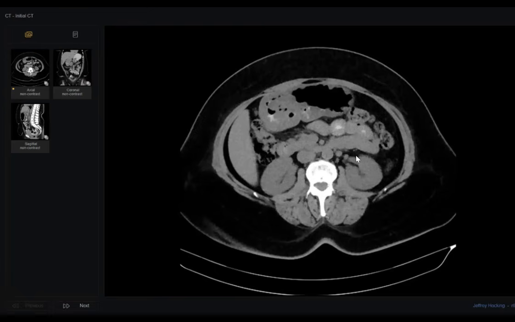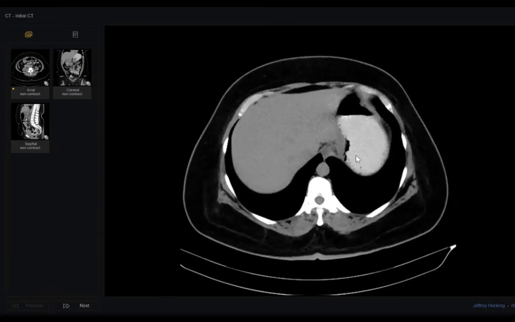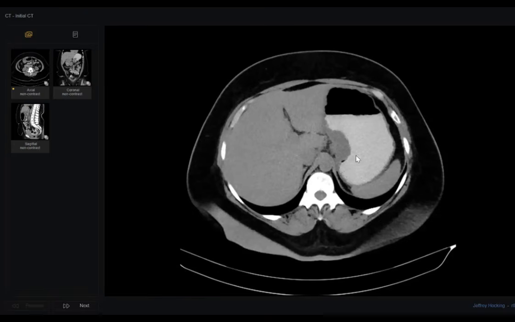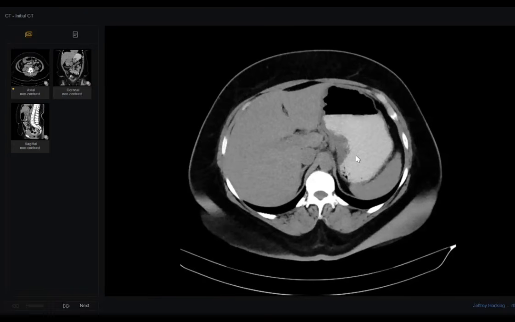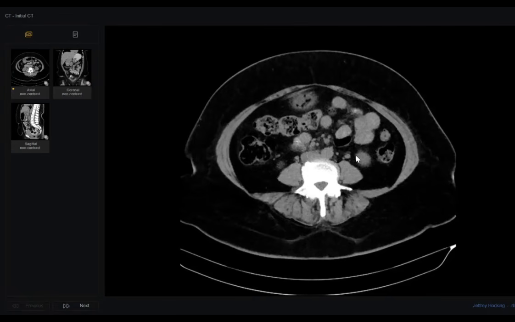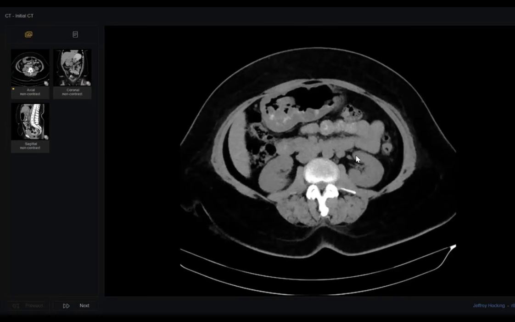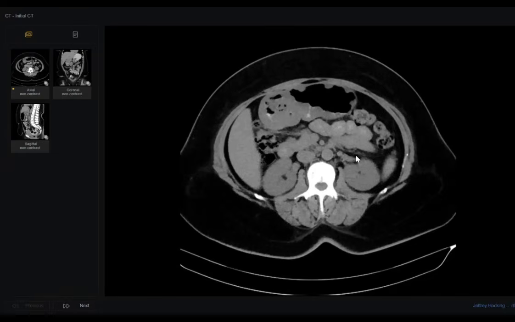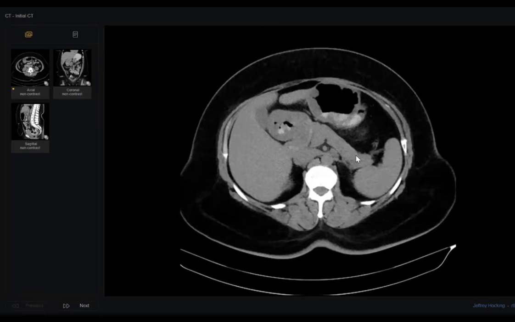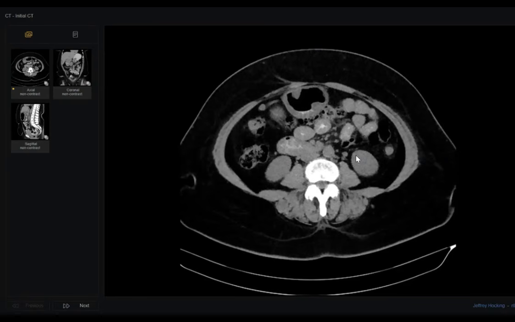What's your professional diagnosis? My provisional diagnosis will be tumor, or adenocarcinoma of the stomach. I cannot see any lymph nodes. Okay, what is your next step?